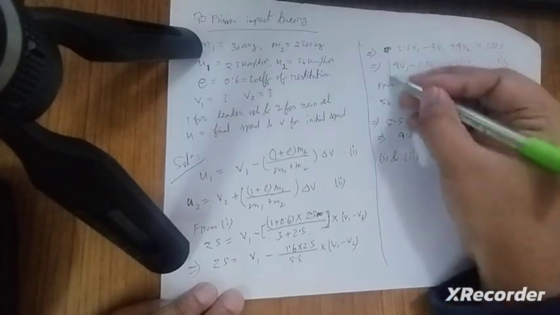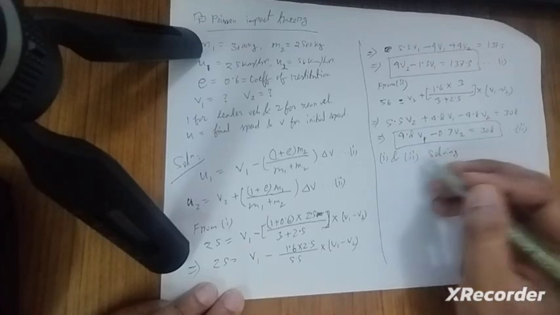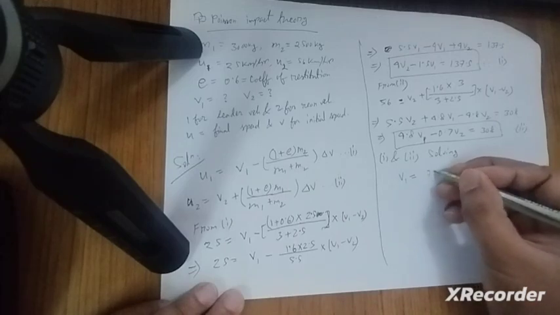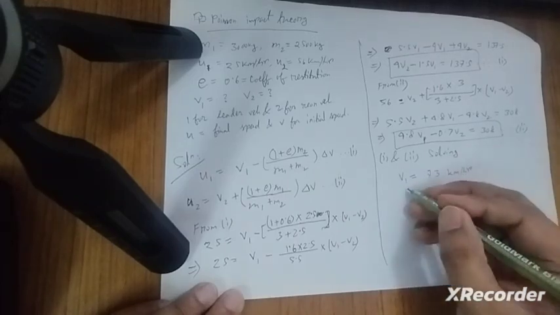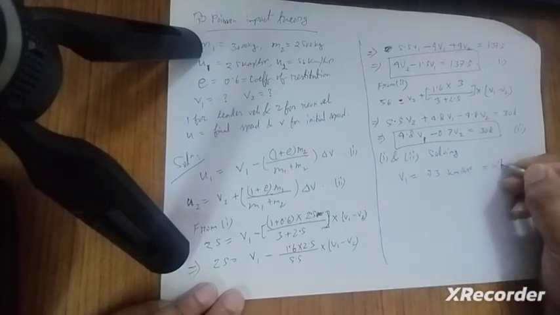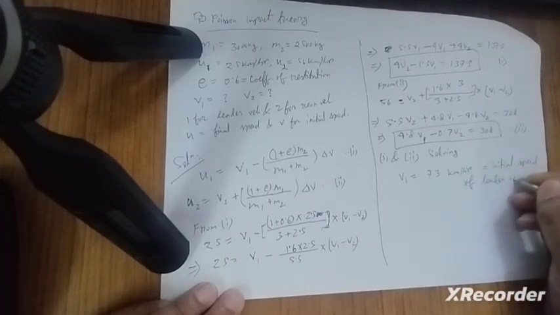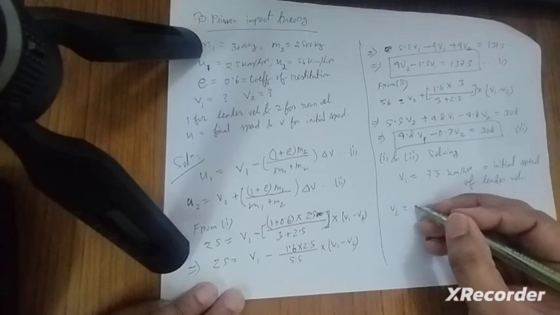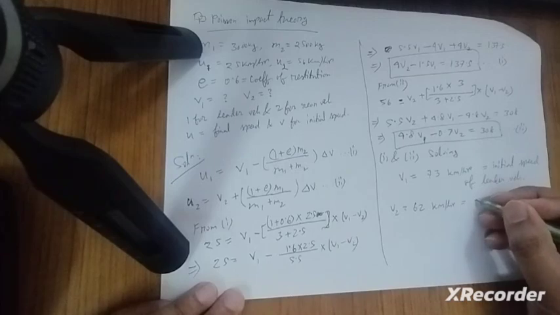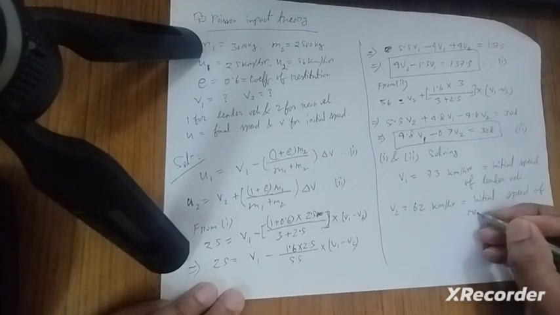So we can solve equations 1 and 2. Solving these two equations, using the calculator we get v1 as 73 km per hour, which is the initial speed of the leader vehicle, and v2 we calculate as 62 km per hour, which is the initial speed of the rear vehicle.